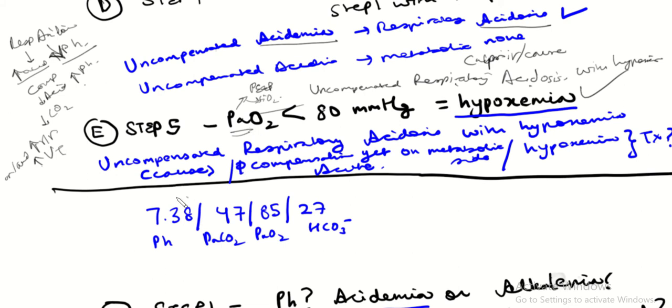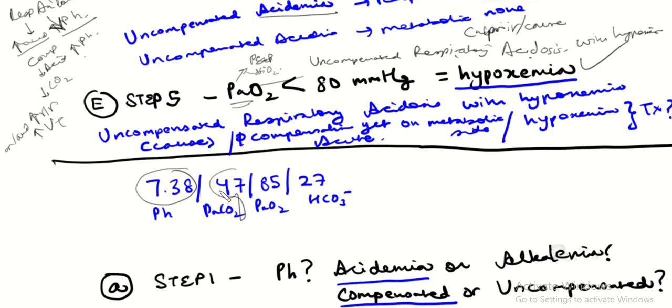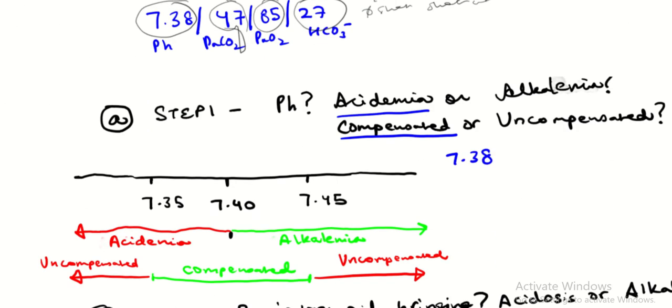Let's look at the second case, 7.38. 47 is the PaCO2, 85 is the PaO2, and 27 is the bicarb. Do not skip steps. Do not take shortcuts to this shortcut, because you'd get in trouble very, very quickly. Okay? 7.38, where is that? It's within the normal range. Is this compensated?